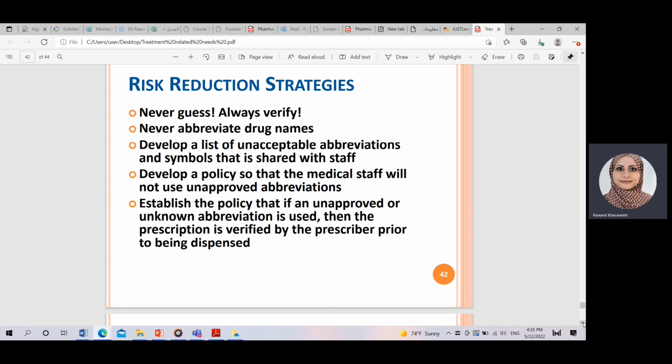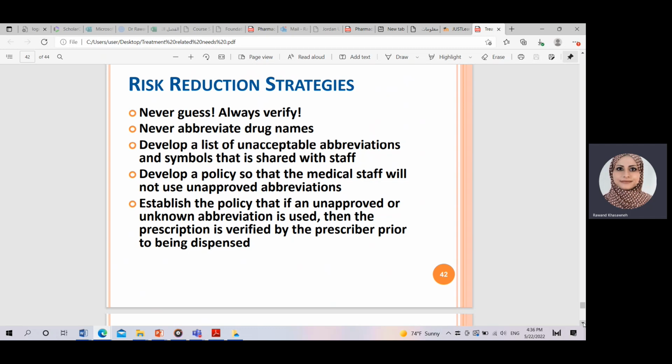Always, if you are not sure about the prescribed medication, you have to double check and verify the actual intended medication. Never try to guess which medication the prescriber was asking you to transcribe using the verbal or the telephone encounter. Never abbreviate the drug names, and develop a list of unacceptable abbreviations and symbols, and share it with the staff in order to avoid the use of such abbreviations to prevent medication errors.